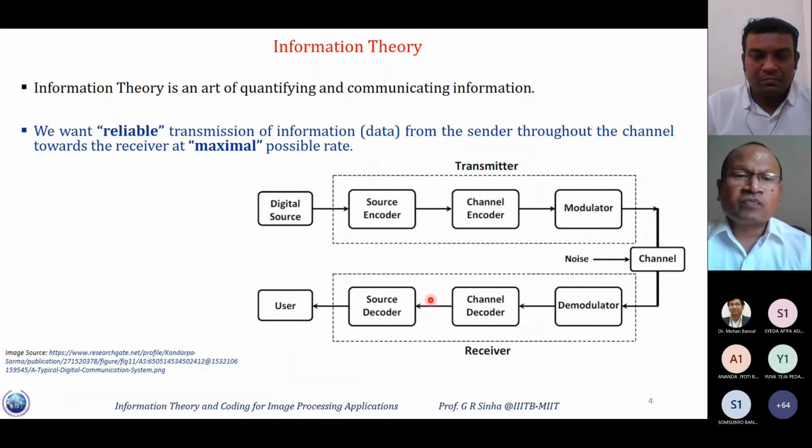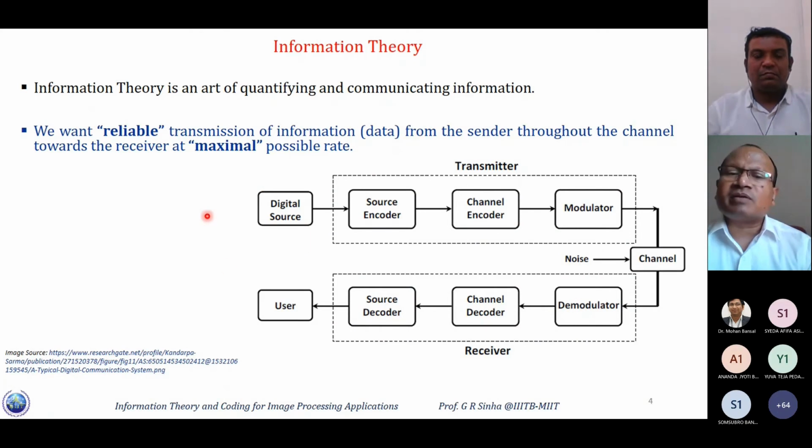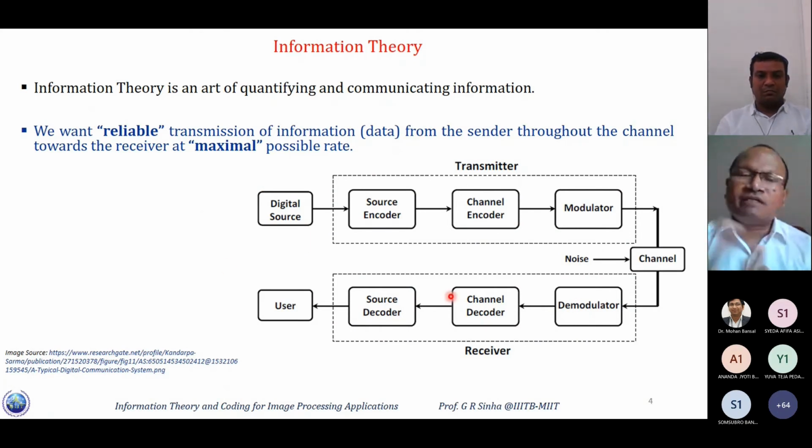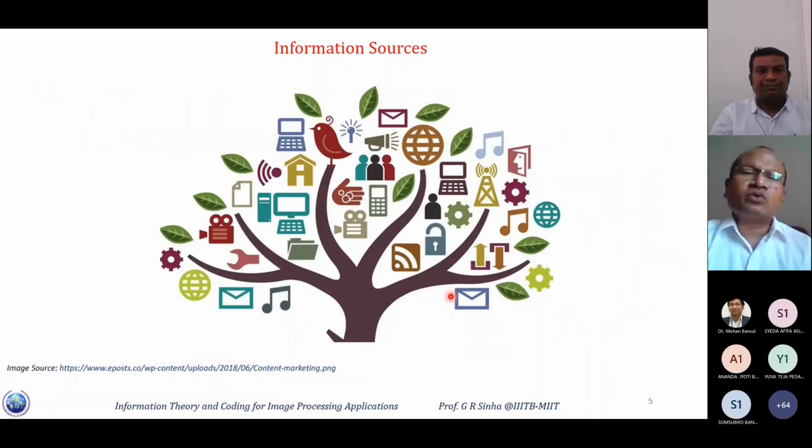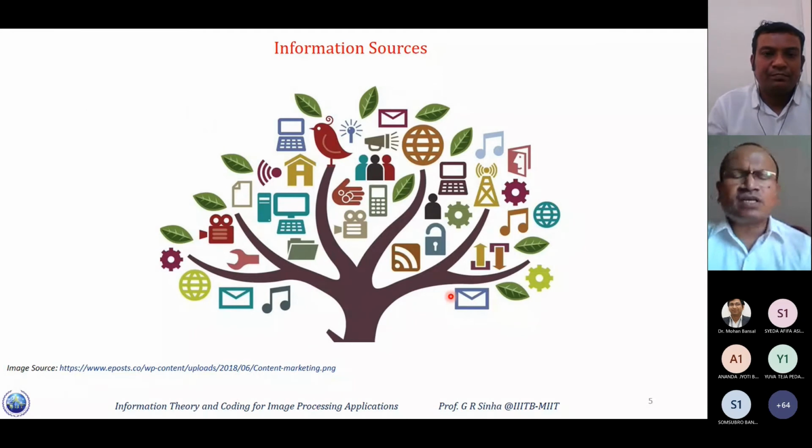What I'm trying to tell you is that if the data is digital data, and you replace the data by the image, the block diagram is common. And here also you can apply different encoding methods to your images. So what is important in information theory is the reliable data, the data which is very useful, the data which is meaningful, that you have to consider, and other data you can suppress by using different coding techniques.